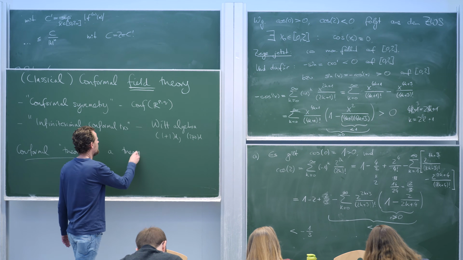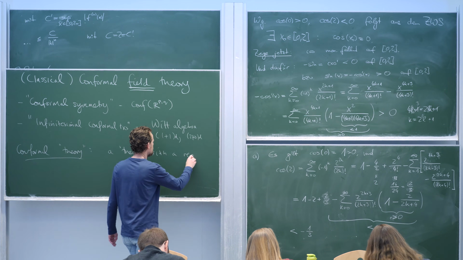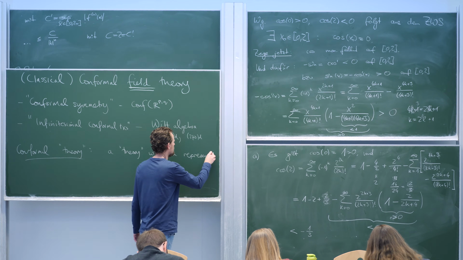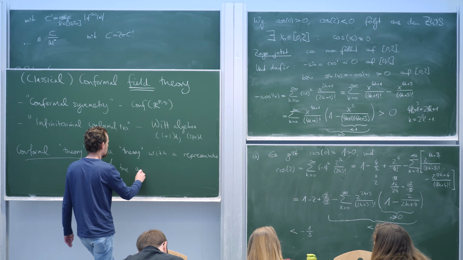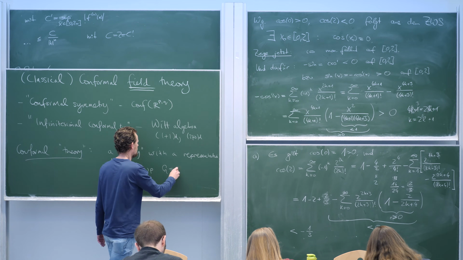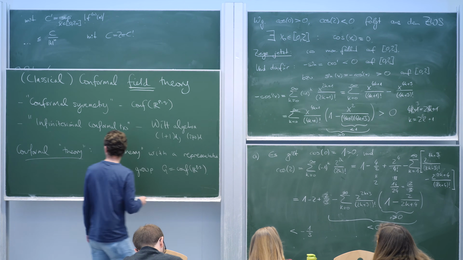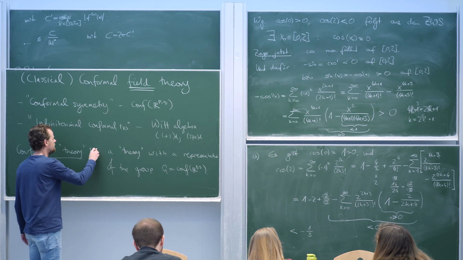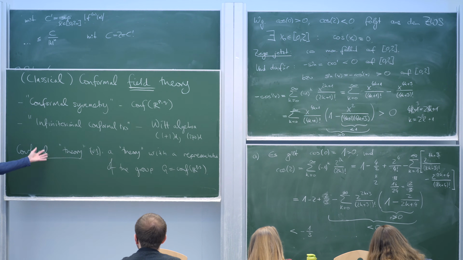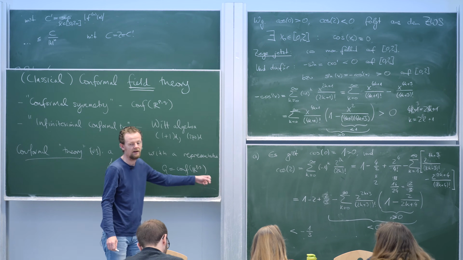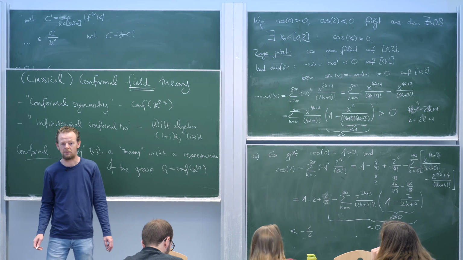I won't say what the word theory means quite yet. So let's call this conformal theory version 1. A theory which has a representation of this group, or carries or furnishes a representation of this group here.